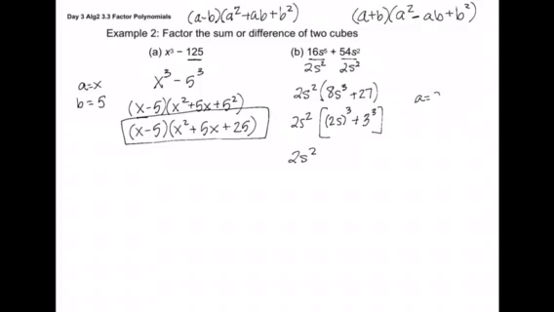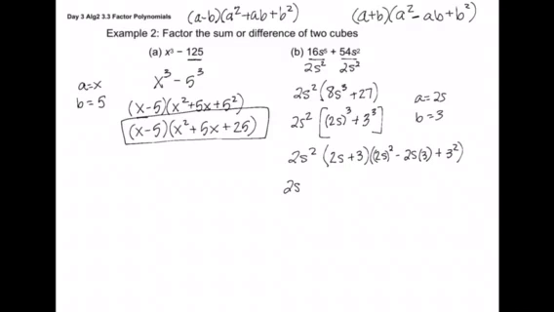So now, leave whatever you factored on the outside. You know your A is 2s, your B is 3. So you have 2s plus 3 times 2s. Be really careful that you square both of those. Minus 2s times 3 plus 3 squared.